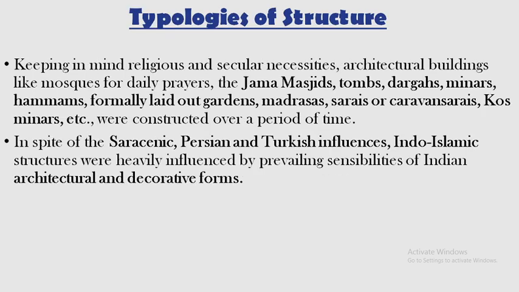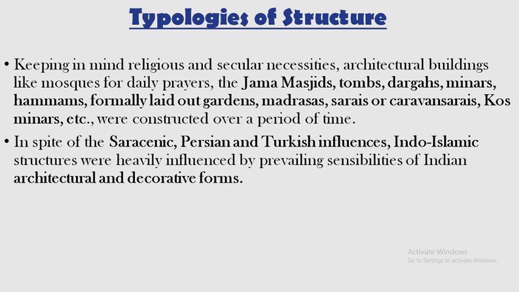Let's see the different characteristics of Indo-Islamic architecture. First, we'll see the typologies of the structure. Keeping in mind religious and secular necessities, buildings like mosques for daily prayers, the Jama Masjids, tombs, dargahs, minars, hammams, formally laid out gardens, madrasas, sarais or caravanserais, kos minars, etc., were constructed over a period of time.